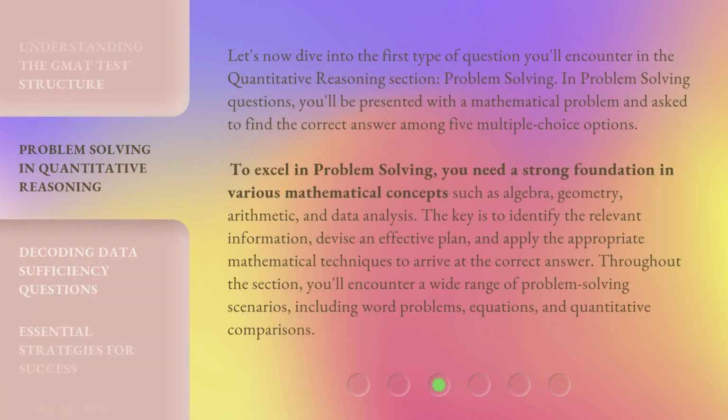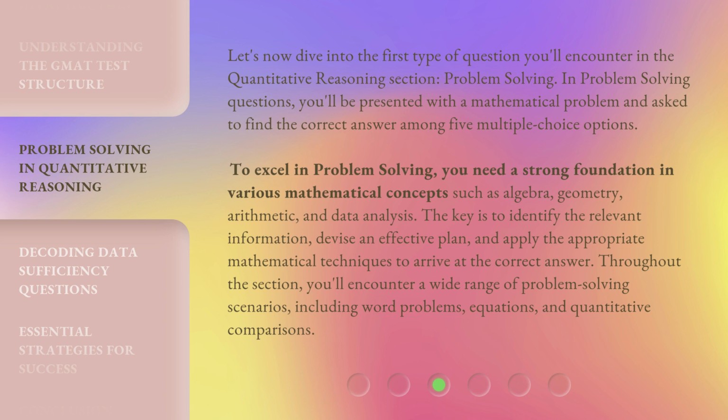Let's now dive into the first type of question you'll encounter in the quantitative reasoning section: problem-solving. In problem-solving questions, you'll be presented with a mathematical problem and asked to find the correct answer among 5 multiple-choice options. To excel in problem-solving, you need a strong foundation in various mathematical concepts such as algebra, geometry, arithmetic, and data analysis.